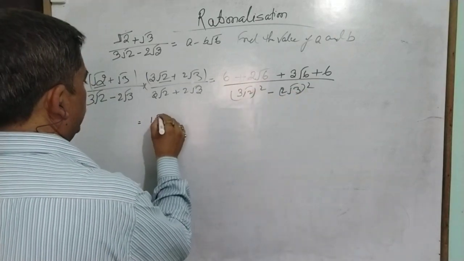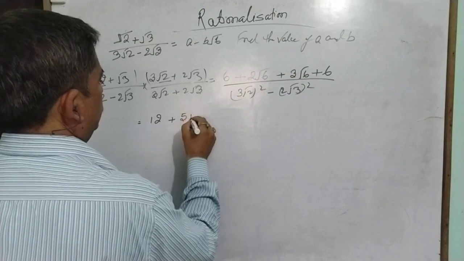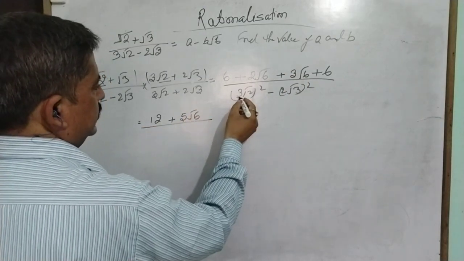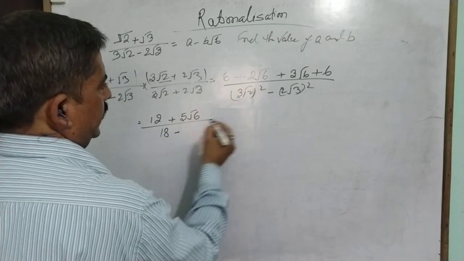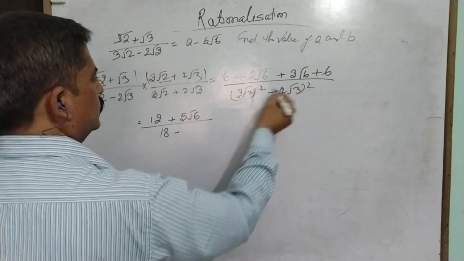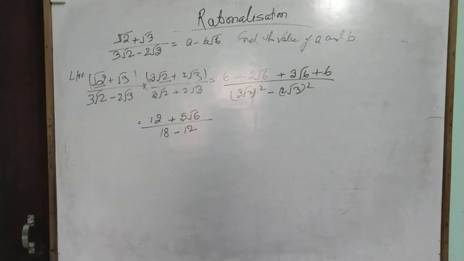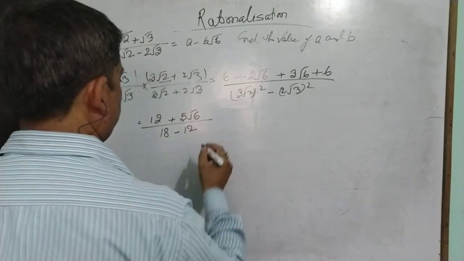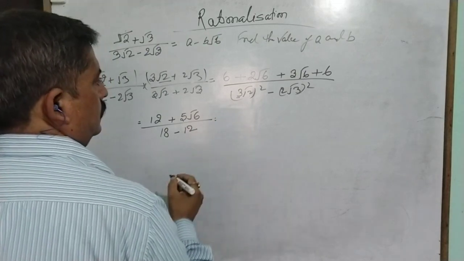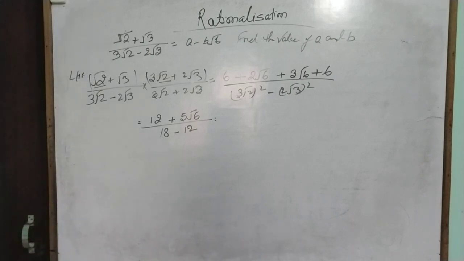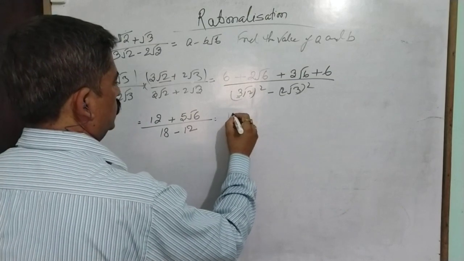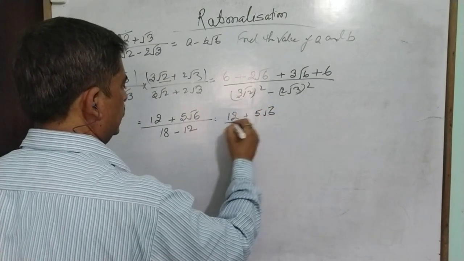So 6 plus 6 is 12, plus 5√6, divided by 3 3s are 9, 9 2s are 18, minus 2 2s are 4, into 3 is 12. So 12 plus 5√6 by 6.